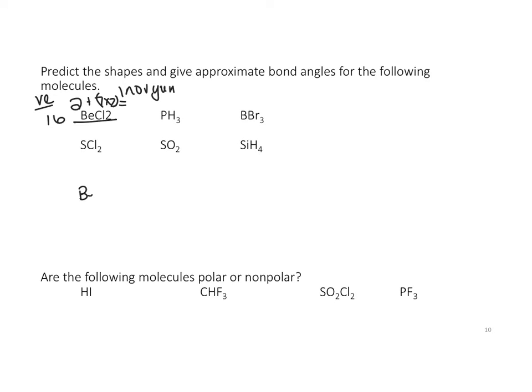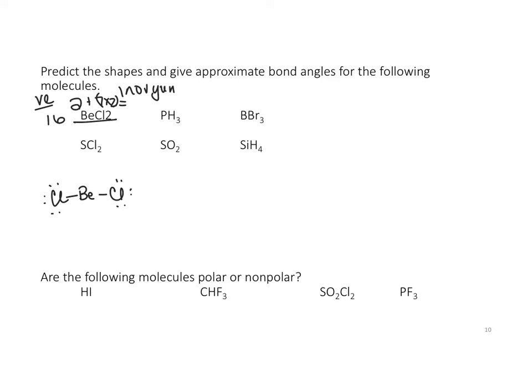Beryllium is going to be in the center, and then you have chlorine on each side. We're going to count 16: 1, 2, 3, 4, 5, 6, 7, 8, 9, 10, 11, 12, 13, 14, 15, 16. And so beryllium doesn't have a complete octet there.